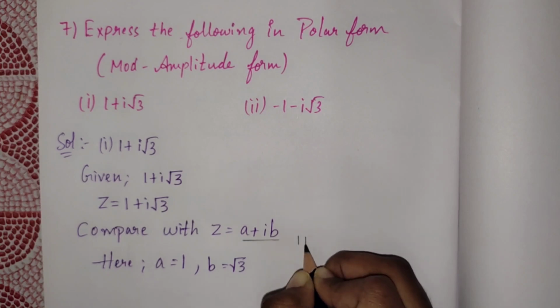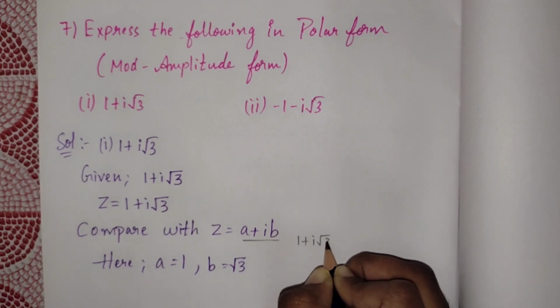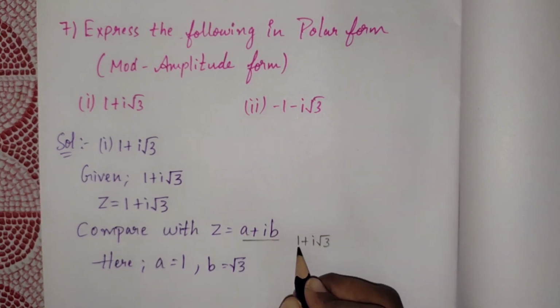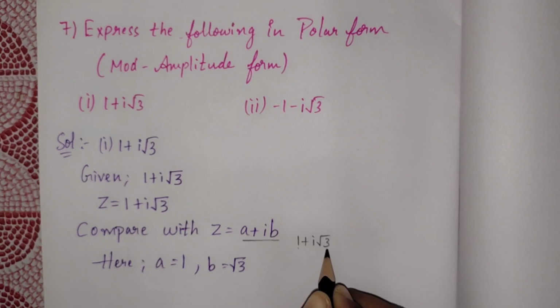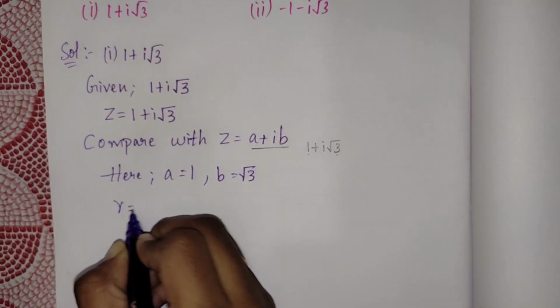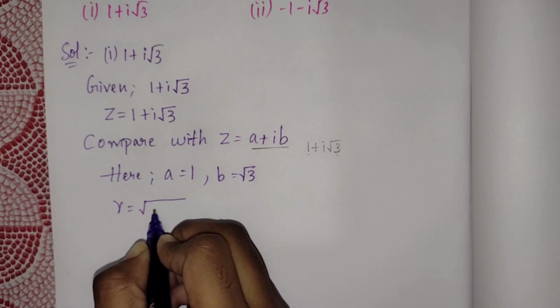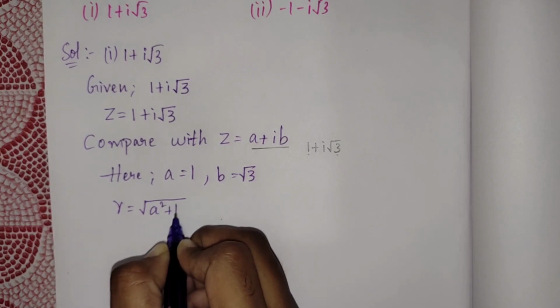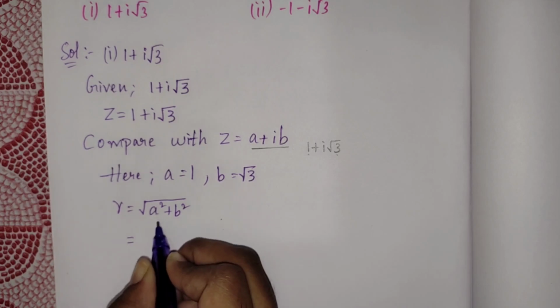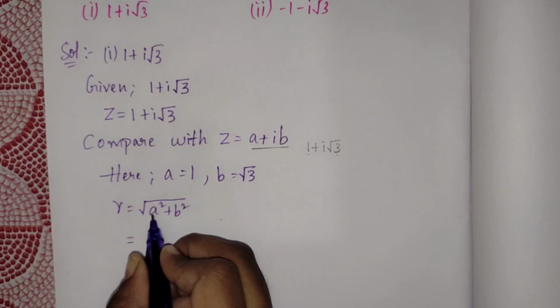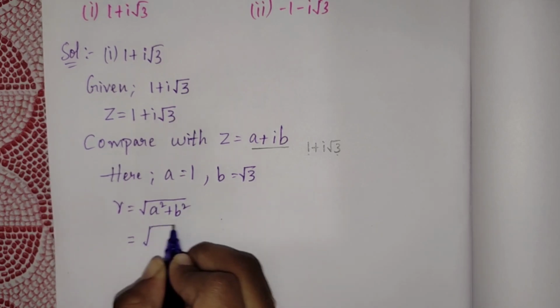1 plus I root 3. A means 1 plus I. In place of b, here it is root 3. R equal to root over a square plus b square is equal to, in place of a, b you need to substitute 1 and root 3.